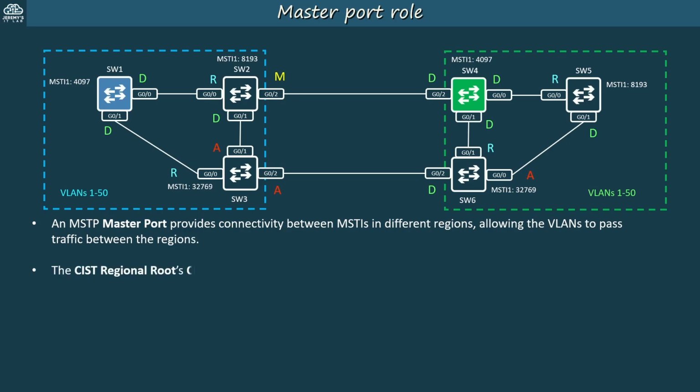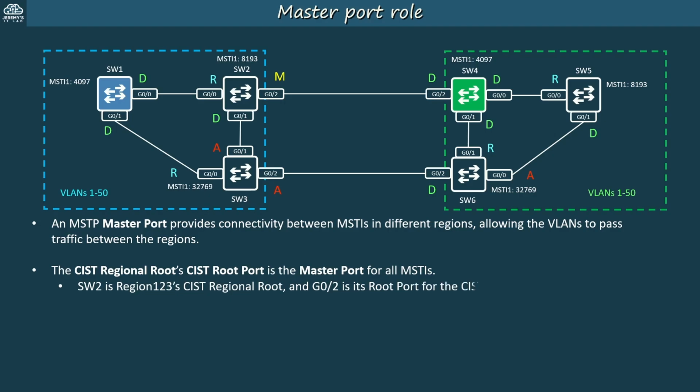The CIST regional root's CIST root port is the master port for all MSTIs. In Region 123's case, switch 2 is the CIST regional root, as we saw earlier, and G0/2 is its root port for the CIST. It's the boundary port that connects to Region 456. And therefore, switch 2 G0/2 becomes the master port for MSTI 1.